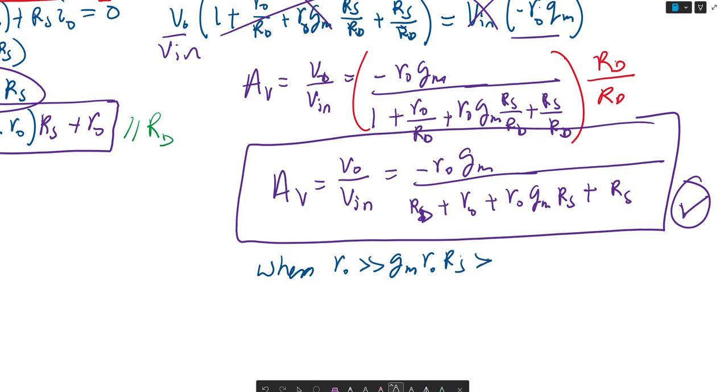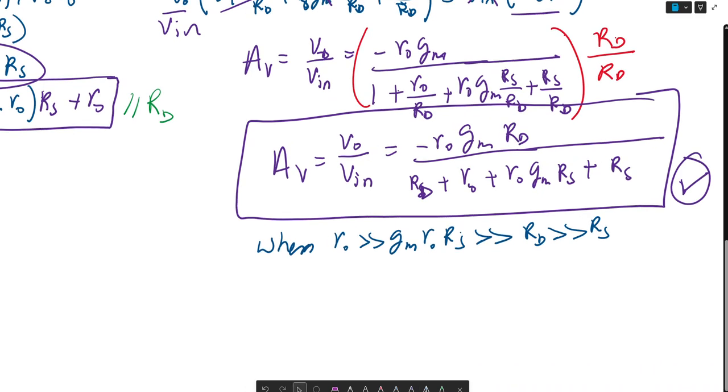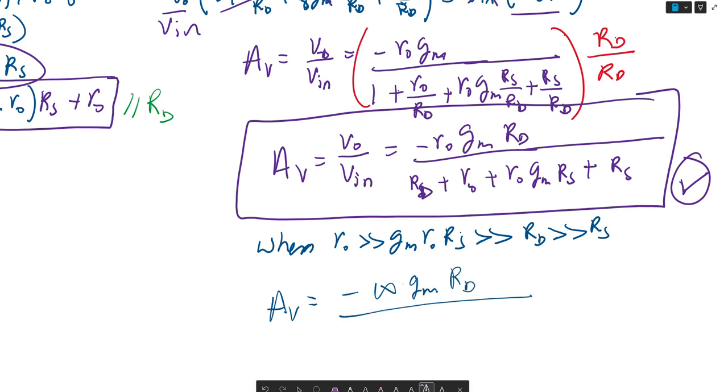RO gm RS, and this is much greater than RD, and this is also much greater than RS. And I made a mistake here, this should be an RD here. So basically, when RO is the most dominant term in the denominator, we get that AV is equal to negative, imagine if RO is infinity, over gm RD over, again, imagine this RO is infinity.